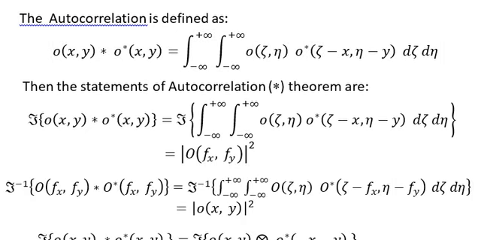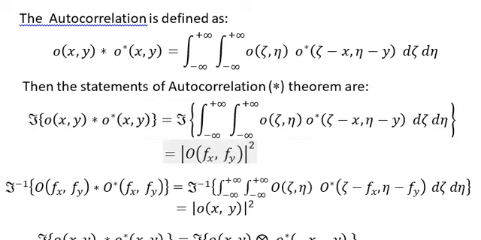Okay, then the statement of autocorrelation. Autocorrelation is represented by the asterisk. So the autocorrelation statement is, let's now take the Fourier transform of this one. The Fourier transform of the above integral, we have used the operator on the left hand side with the same quantities, and the same operator, that is the Fourier operator, on the right hand side just before the integral.